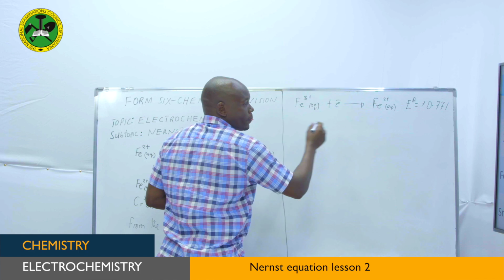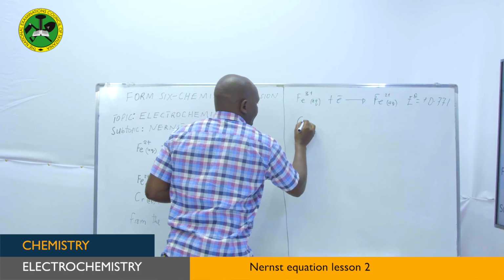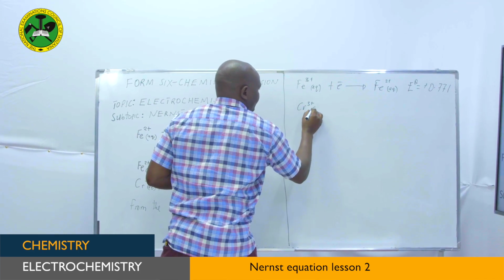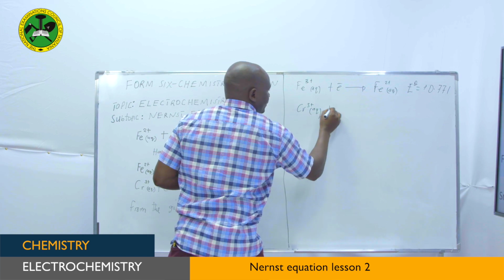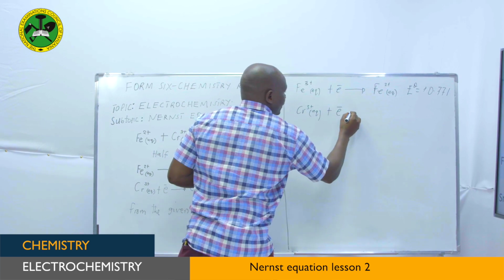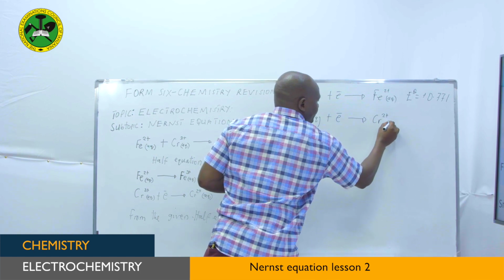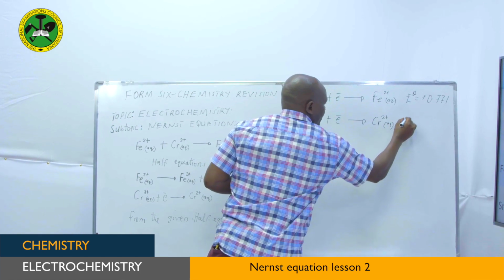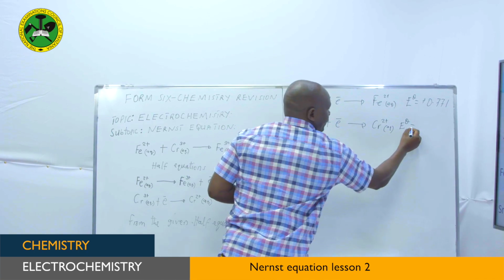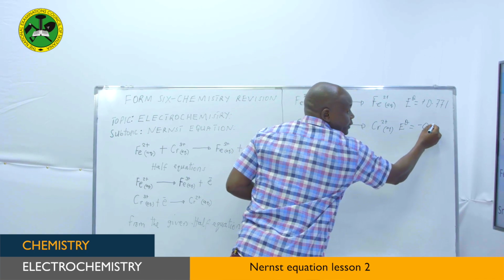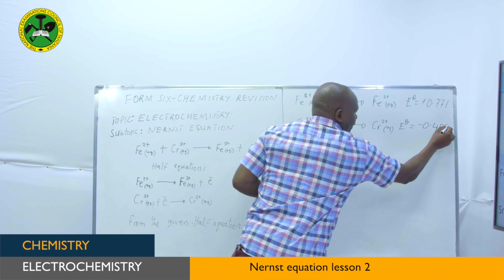So we have chromium 3 into chromium 2, and its standard electrode potential given as negative 0.408.